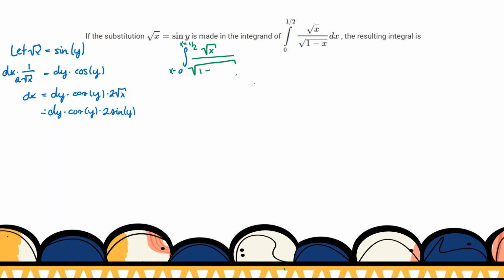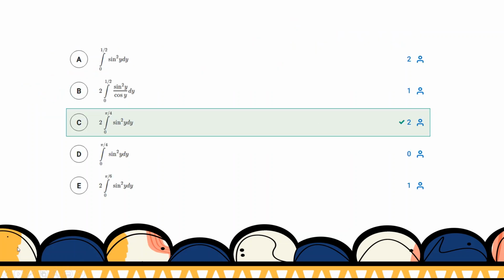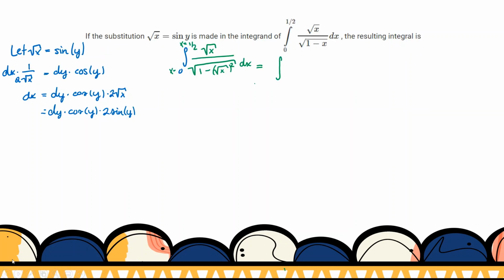I'm going to write x as the square root of x squared, dx. So our limits will change. If x equals 0, I'll just go ahead and leave it like this. I don't want to solve that just yet.